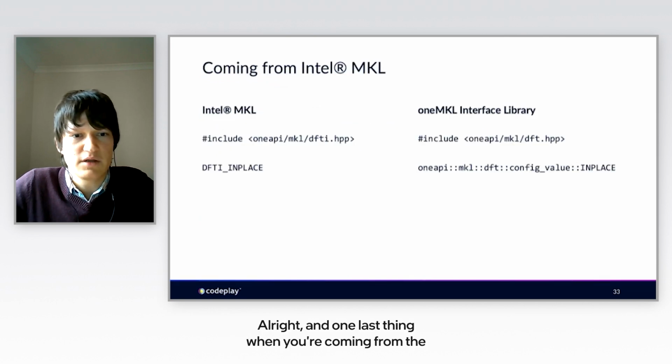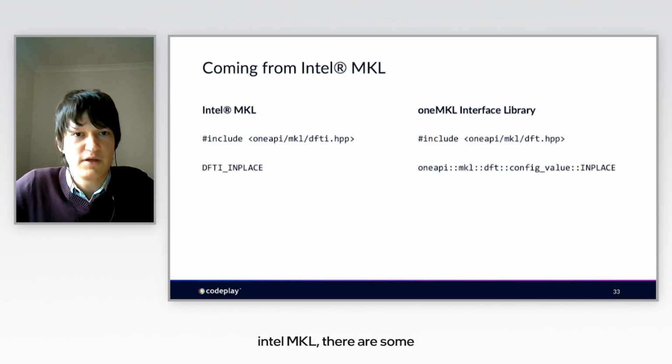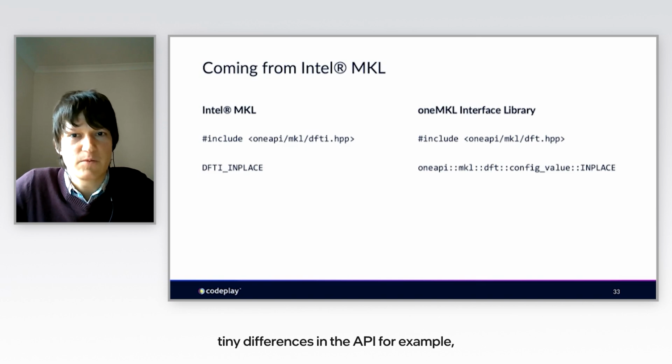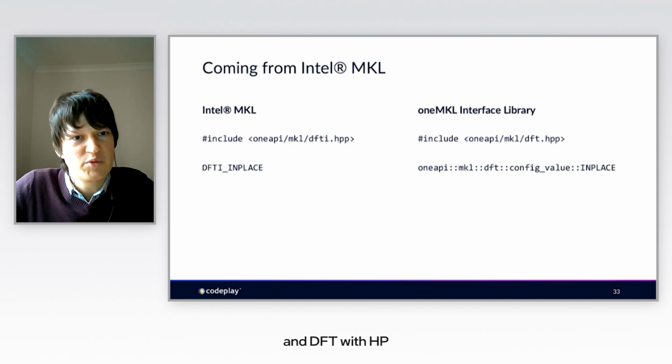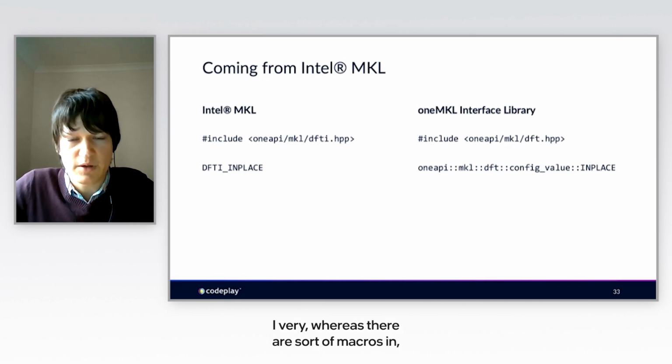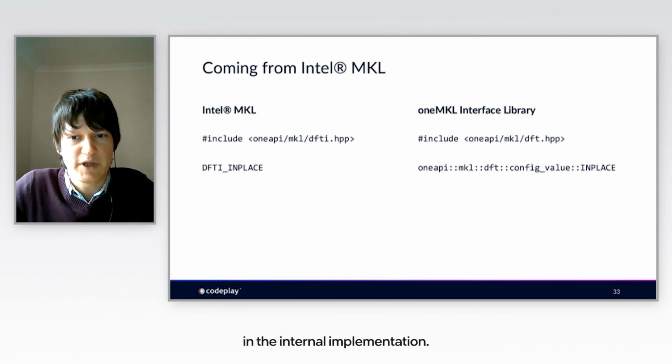All right, and one last thing: when you're coming from the Intel MKL, there are some tiny differences in the API. For example, some headers are named slightly differently, like DFTI and dft.hpp, and enums are namespaced in the oneMKL interface library, whereas they're sort of macros in the Intel implementation.